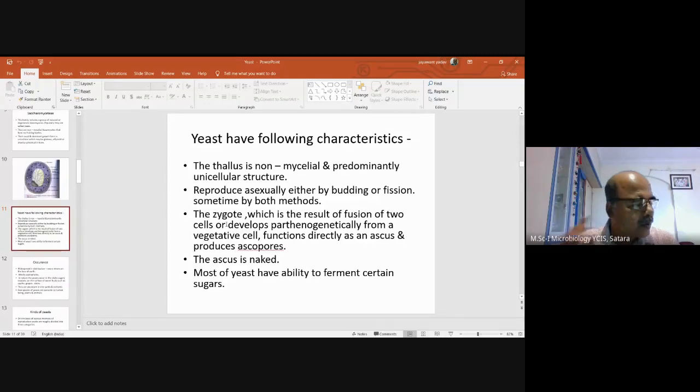The zygote is formed by the union or fertilization event between two gametes, which occurs mostly in eukaryotic cells.